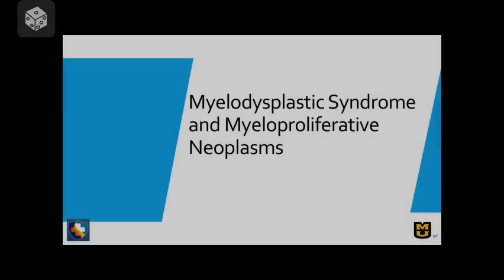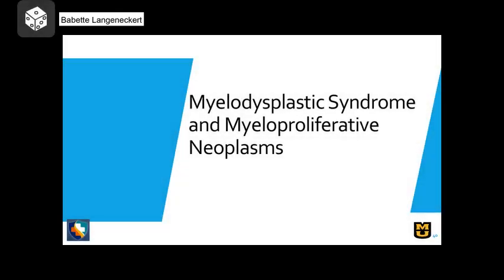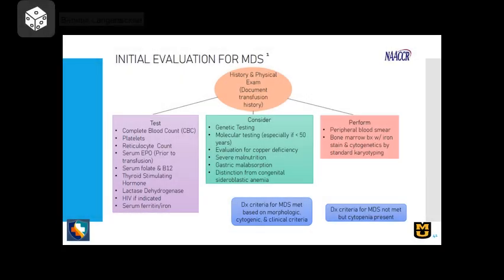Now we will review the myelodysplastic syndromes, and the myeloproliferative neoplasms. The initial evaluation for myelodysplastic syndrome includes a history and physical exam. They will test the complete blood count, CBC, platelets, reticulocyte count, serum EPO, serum folate and B12, thyroid stimulating hormone, and HIV if indicated.